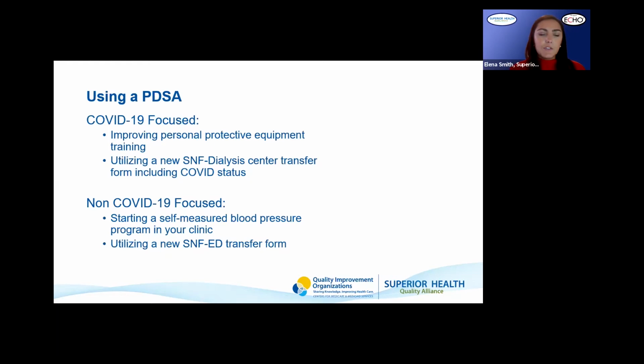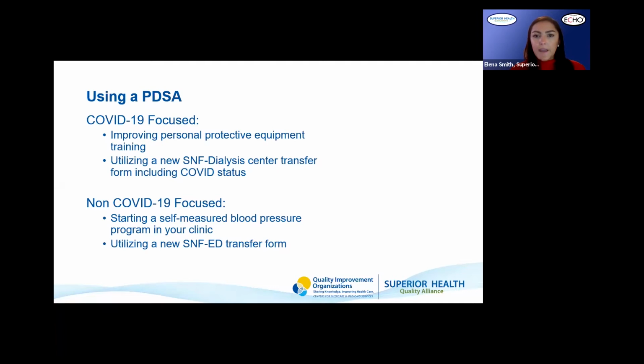Or another idea, utilizing a new SNF to dialysis center transfer form, which includes COVID status. Maybe this wasn't something that had a place on your current transfer forms, and you're just going to start working with one dialysis center and then move along to others once you've got it perfected and it includes all of the information needed. For some non-COVID-19 focused ideas, maybe you're going to start a self-measured blood pressure program in your clinic.